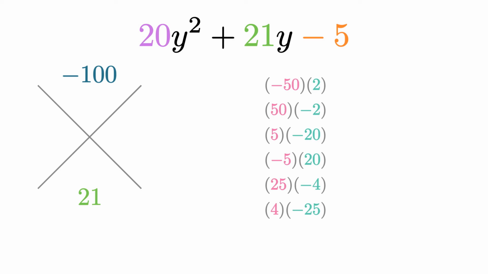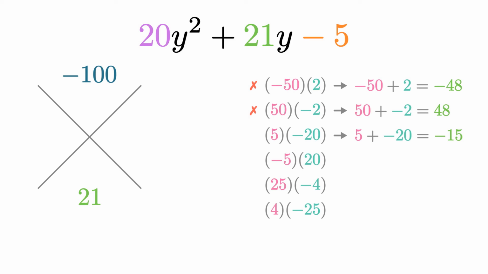So now that we have a few pairs listed out, let's figure out which one is also going to add to our bottom value, 21. If we do negative 50 plus 2, that will give us negative 48, so we can eliminate that because that doesn't work. We can do 50 plus negative 2, and that will give us positive 48, so once again, eliminated. If we do 5 plus negative 20, that'll give us negative 15, so we're going to eliminate that.